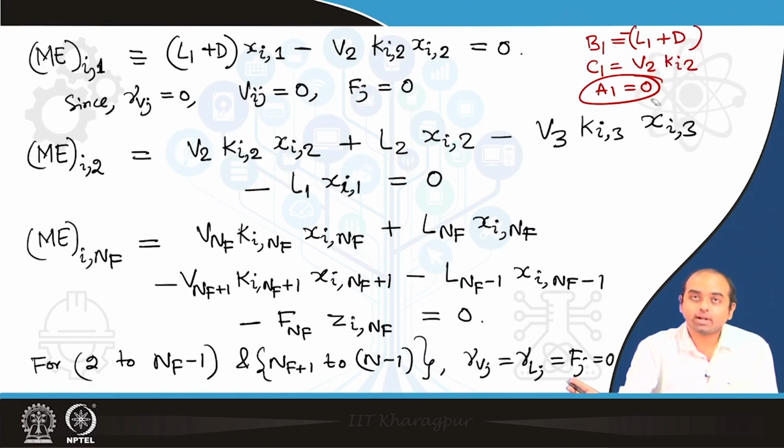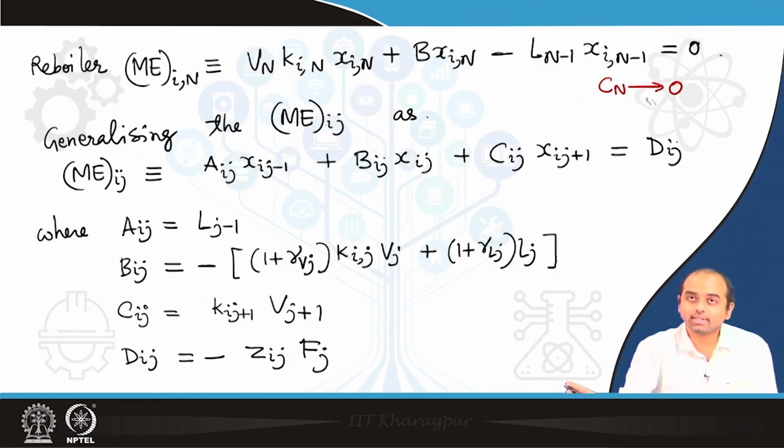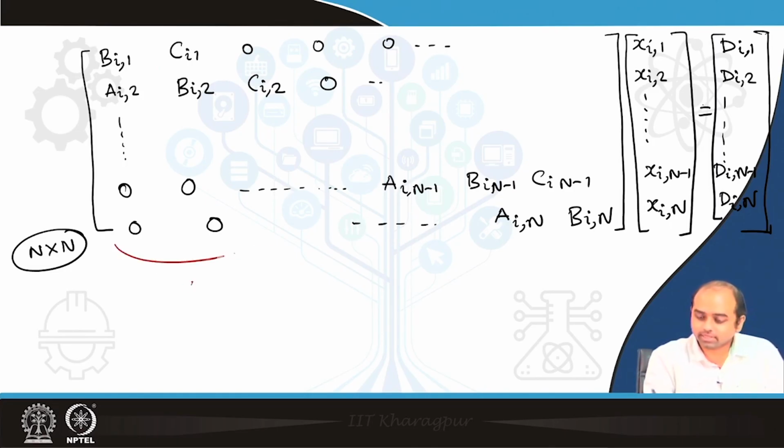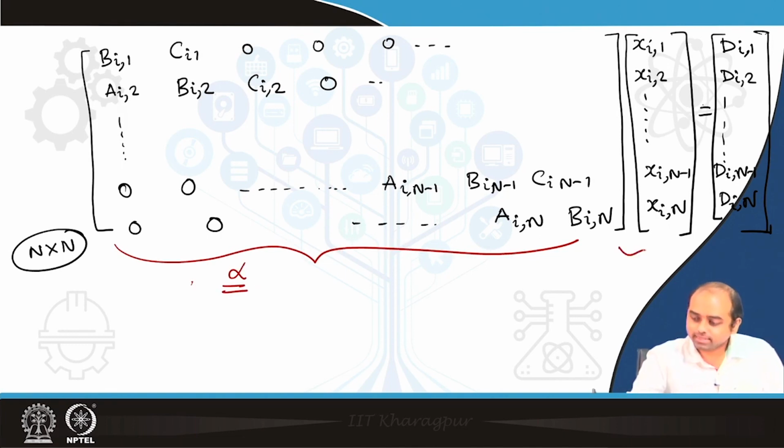Here also A1 doesn't exist. So this satisfies the structure of the tridiagonal matrix, where for the first row you don't have A1, and similarly for the last row you don't have your Cn, right? So in short, this matrix I can call alpha, and this is the X matrix, and that is the beta or D matrix.